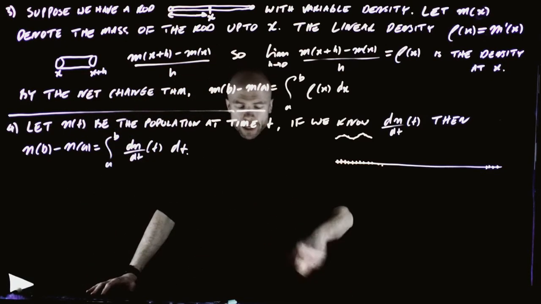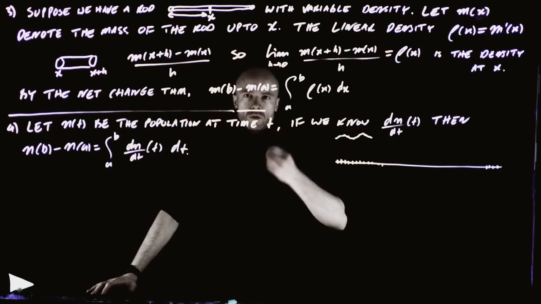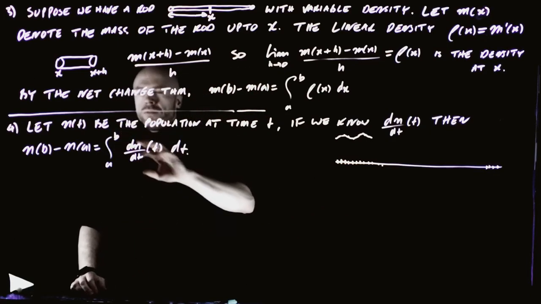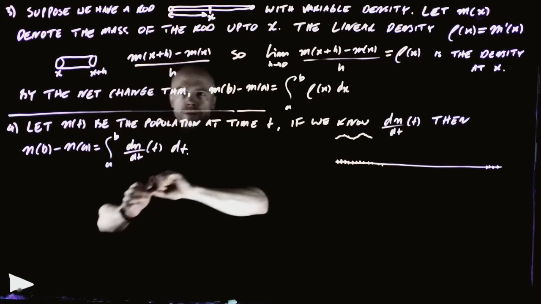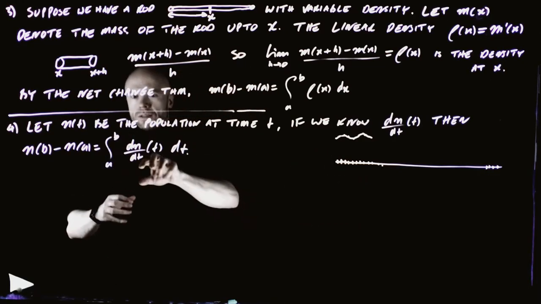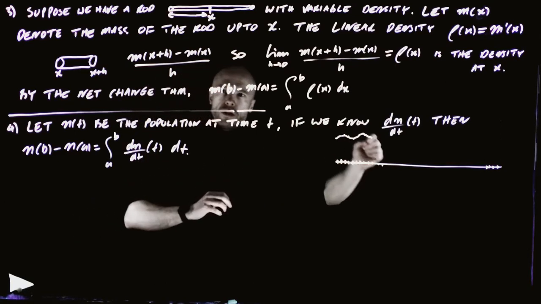As you think about this theorem more and more and get more comfortable with it, it will seem more and more natural to you. We have this very sophisticated way of adding over this infinite set of points between A and B, and we add this infinitesimal rate of change, and that gives us the total change.